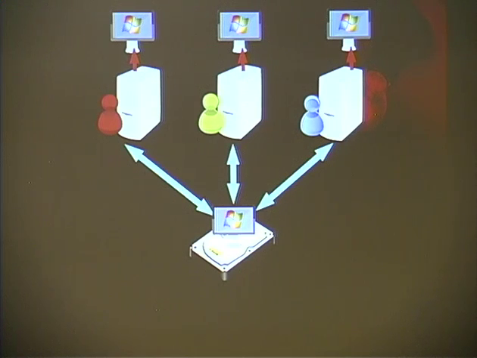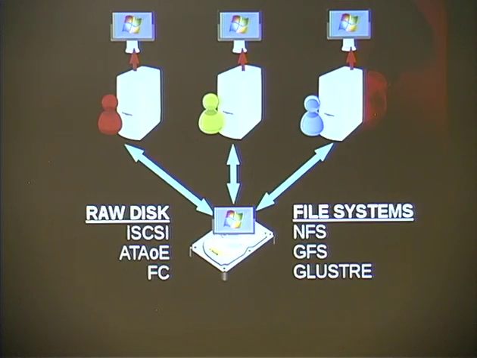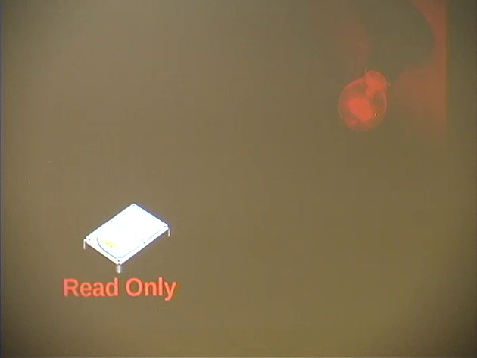But there's a way around this. You can export these disk images to your analyst workstations either over a raw disk image protocol like iSCSI, ATA over Ethernet, Fiber Channel, or you can put it on an actual network file system like NFS, GFS, or Gluster. So to solve that concurrent read-write problem, I put those disk images on a read-only disk.